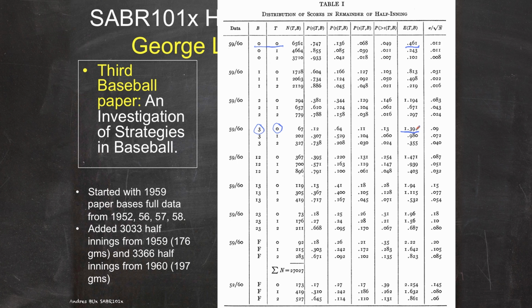So there's an added expectation of runs, and you can ascribe that to the batter who just hit that triple. The other factor is, when I look at all triples hit across all these situations, I can take the probability of being in that situation, which is represented by the top numbers here. Those top numbers would be in the numerator, and this number here, 27027, would go in the denominator to represent the likelihood of any of these situations.